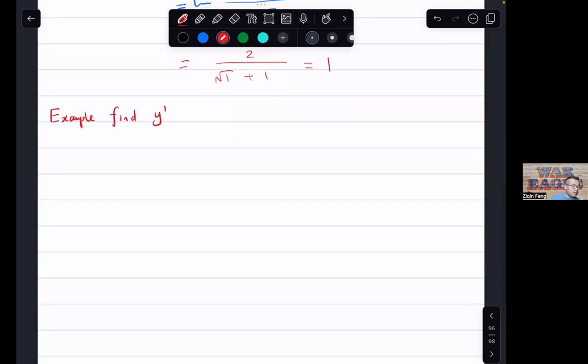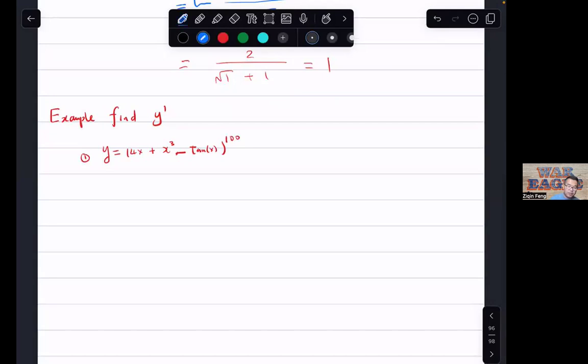The first one here is y equals (4x plus x cubed minus tangent of x) to the power 100, right? That's the first one. You can see that there are not many tricks, right? We just apply the chain rule.